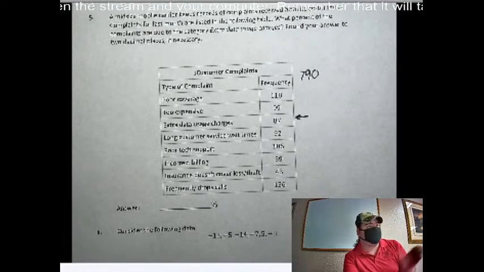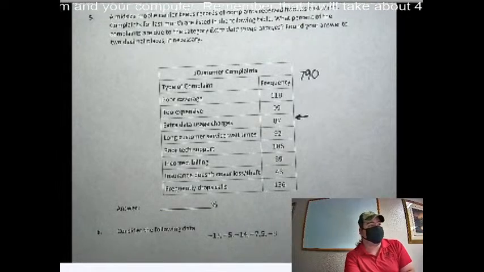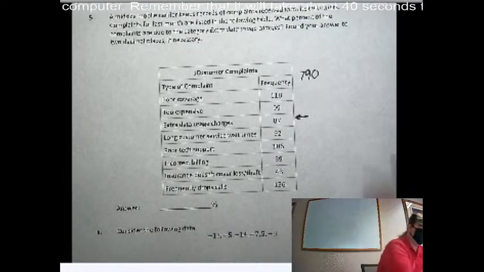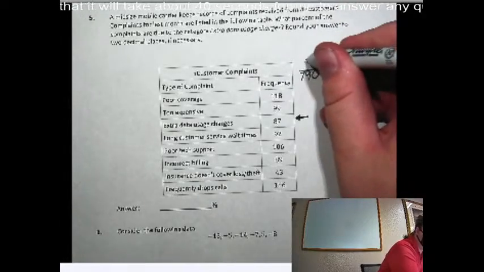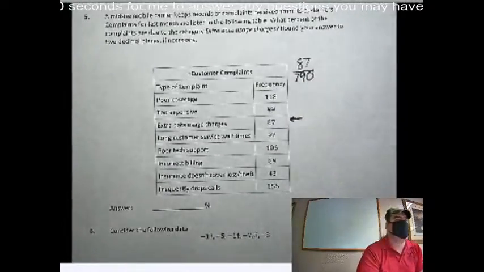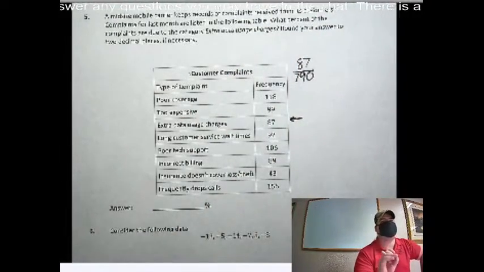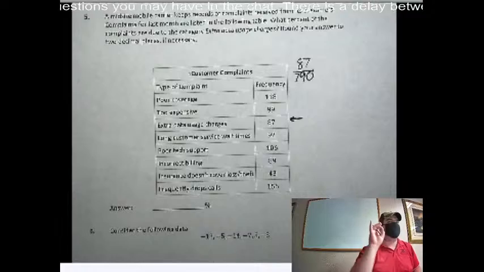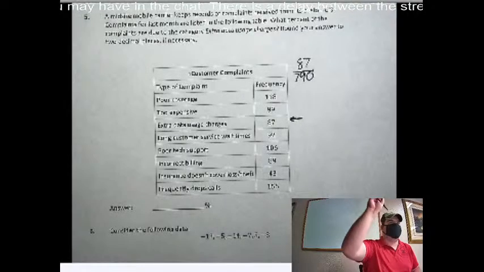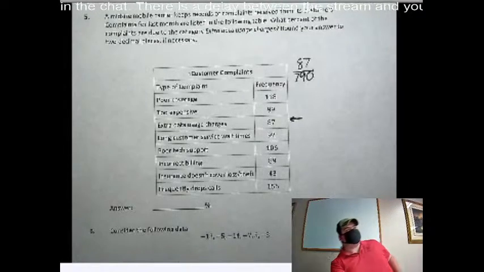They're both perfectly the same thing. But make sure that you set this up as 87 out of 790, because I did see a few people set this up as 790 out of 87. Remember, this has to be the part out of the whole. So the part has to be on top.